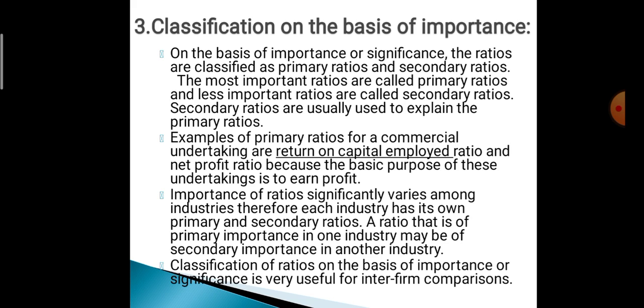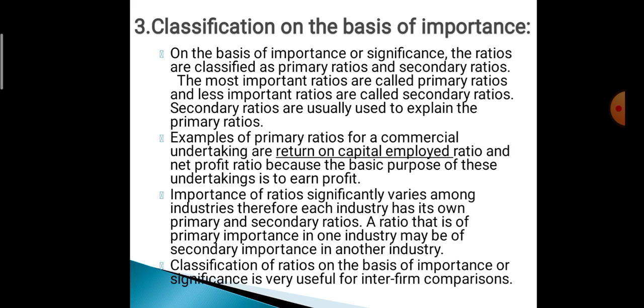Here, in the classification on the basis of importance or significance, the ratios are classified as primary ratios and secondary ratios. The most important ratios are called the primary ratios, and less important ratios are called the secondary ratios.